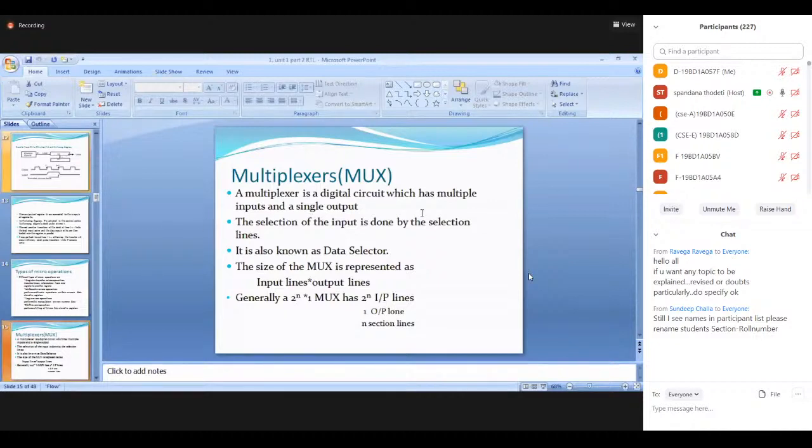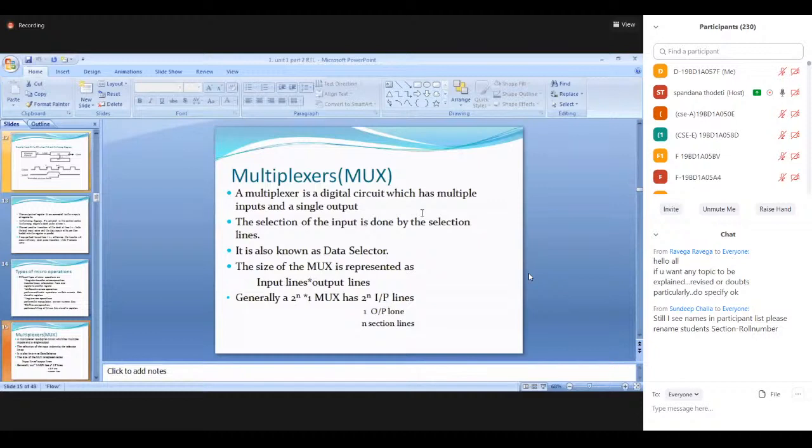A multiplexer is a digital circuit which takes in n inputs and produces a single output. From multiple inputs, a single output is generated using the digital circuit multiplexer.